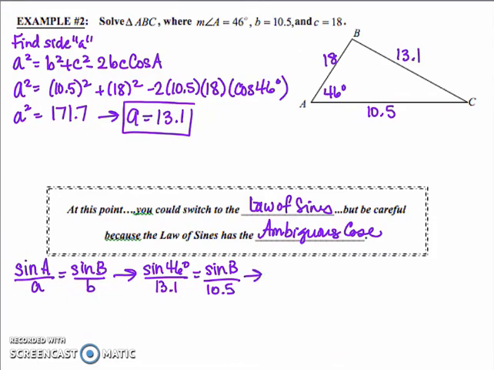Okay, we do our fancy mathematics here. We get the sine of angle B is equal to 10.5 times the sine of 46 degrees divided by 13.1.